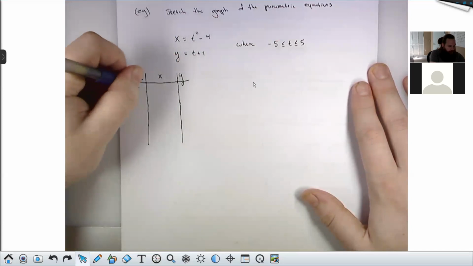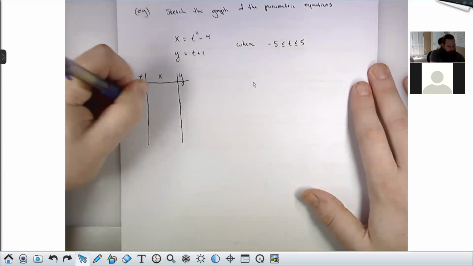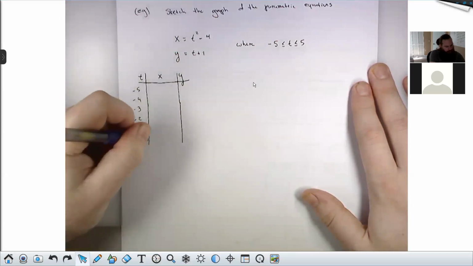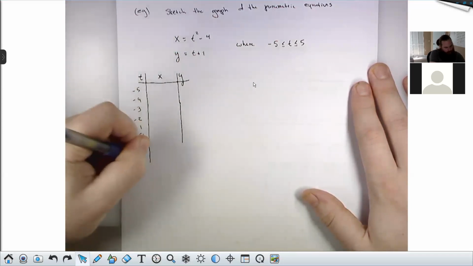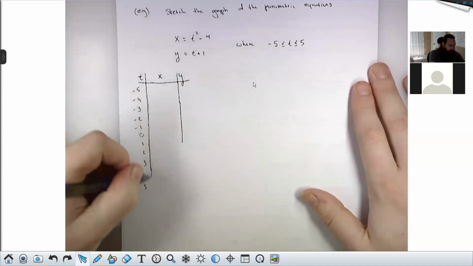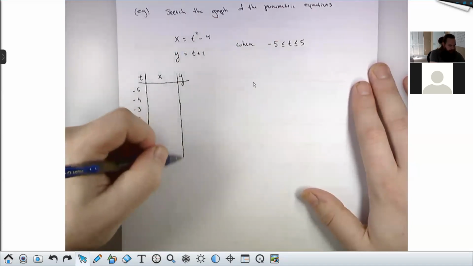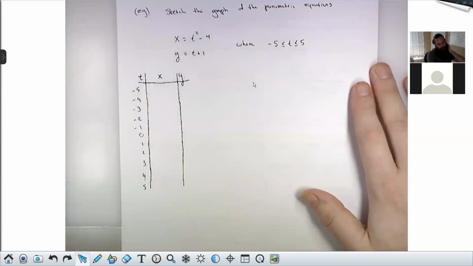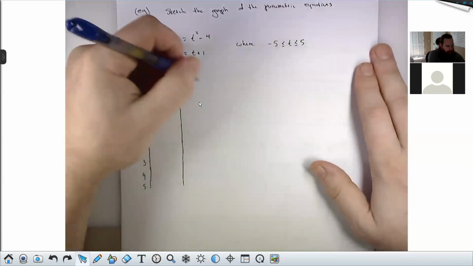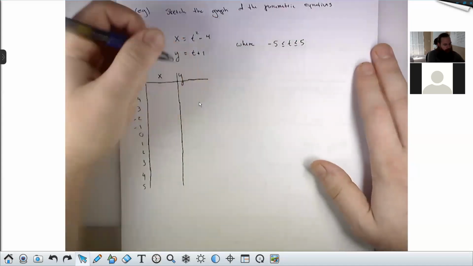And we'll do like -5, -4, -3, -2, -1, 0, 1, 2, 3, 4, 5. I'll probably skip a few of these. I'll look and see which ones are easy to compute, and we'll go from there. All right, but these are the whole numbers that are in the time interval I'm considering, -5 to 5. And then each row will give me an ordered pair that's on the graph, just like your normal tables.